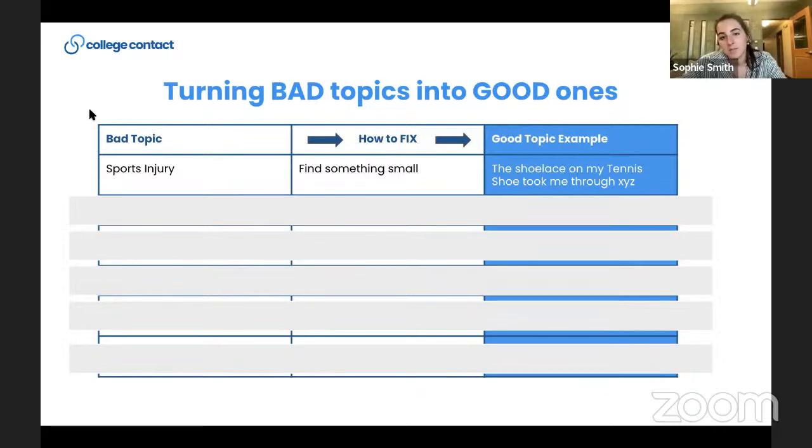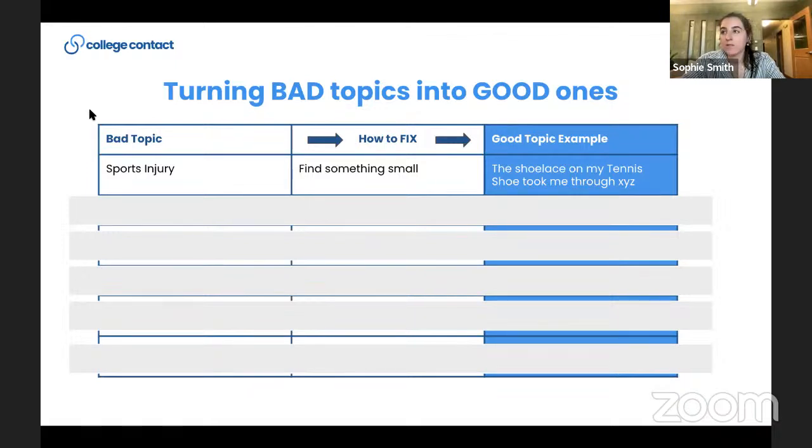So how do we fix it? If you don't want to start over, because at this point I'm very cognizant of the fact that you guys have got like 10 days if you're applying early action, and you need to keep the topic, let's figure out a way to make it more interesting.